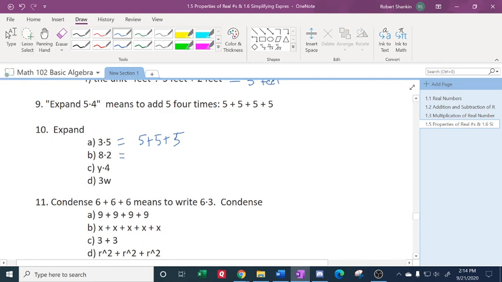You could do it in either way. 8 2 times, or 2 8 times. Doesn't matter. Either way, you're going to come up with 16, the same thing.